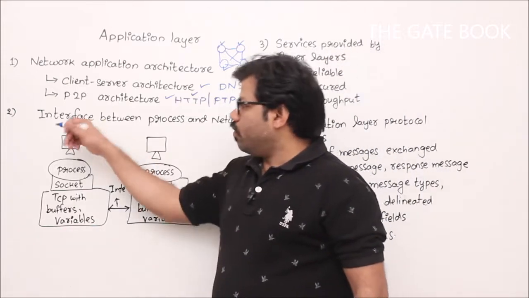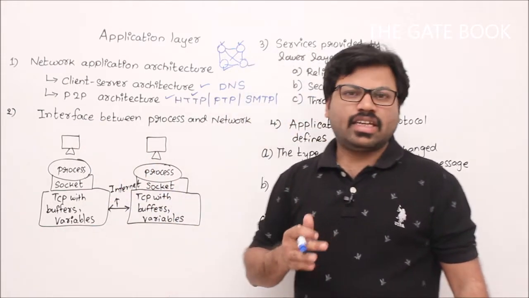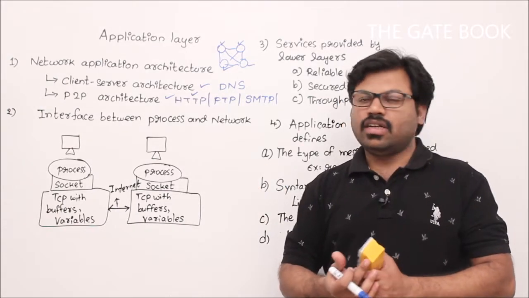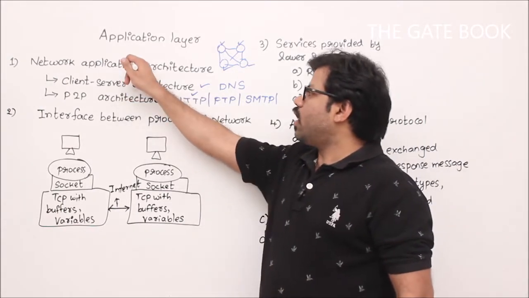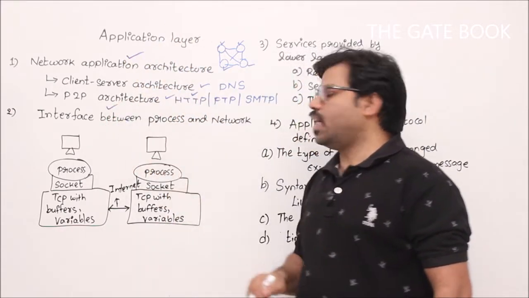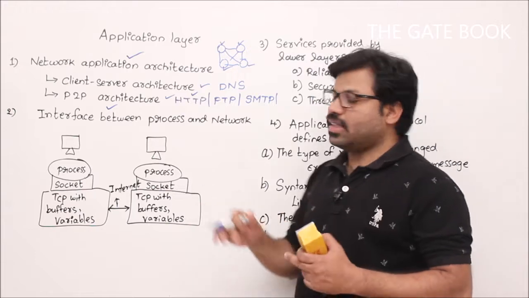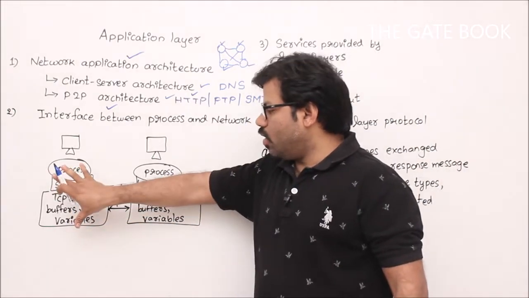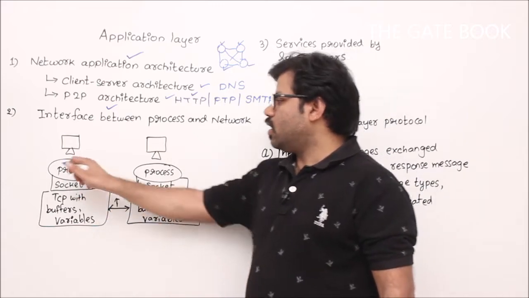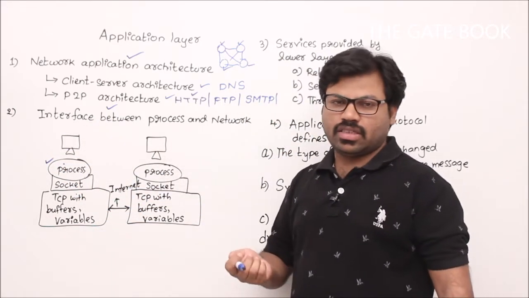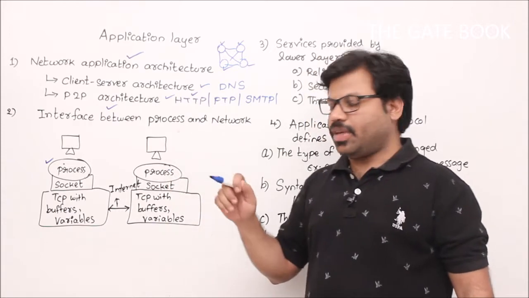Now, studying application layer is nothing but understanding the details about various things in application layer. So you now understand network application architecture. Now we see the interface between process and network. When you are in application layer, you can divide your entire layers into two parts. This is your process in application layer. Already we have studied processes, everything in TCP, right?